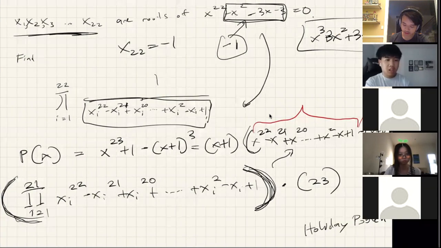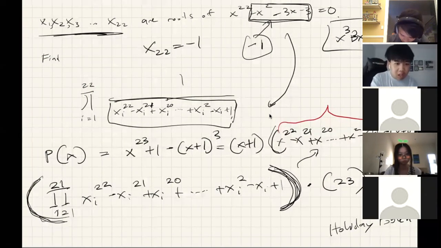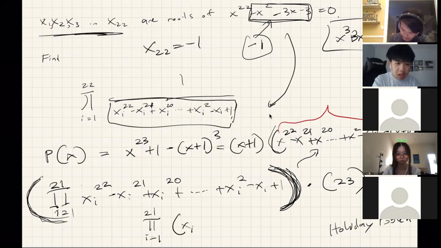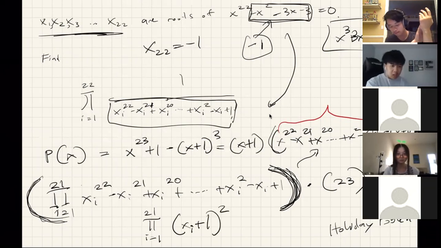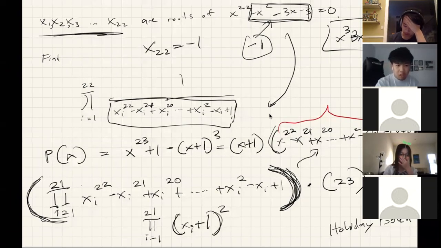But anyways, we're looking at this product over here. By our manipulations, we're actually looking at the product, for each root, of the root plus 1 squared over all of the different roots.